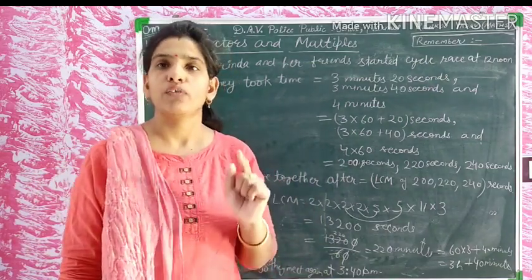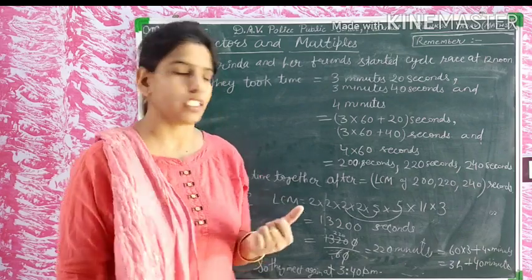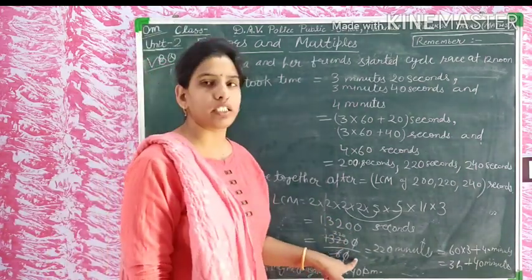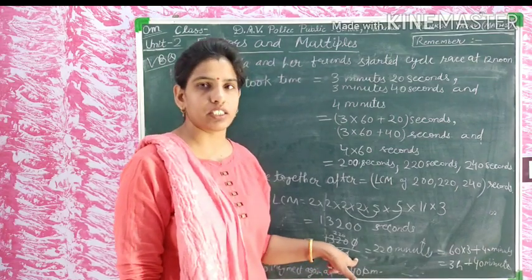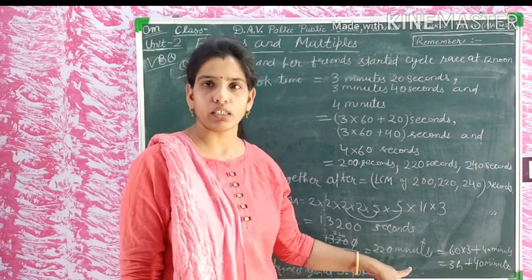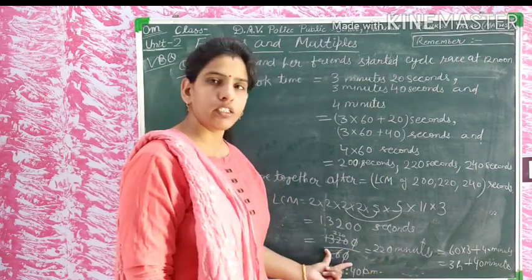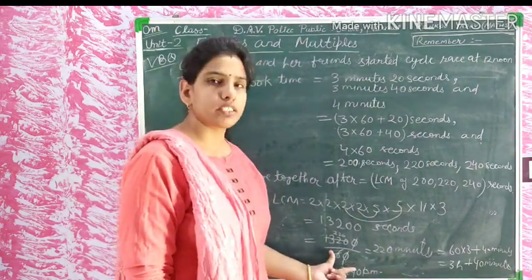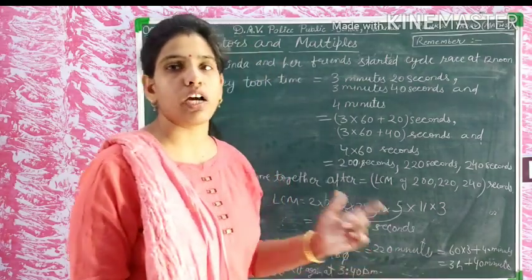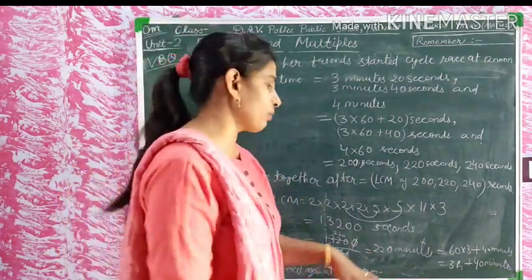For the time, we need hours. How many hours are in these seconds? So we divide by 3600 to change into hours, or we first change it into minutes by dividing by 60, and we get 220 minutes. In 220 minutes, how many hours are there?